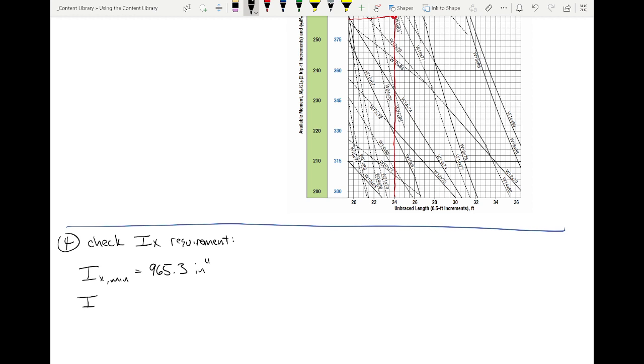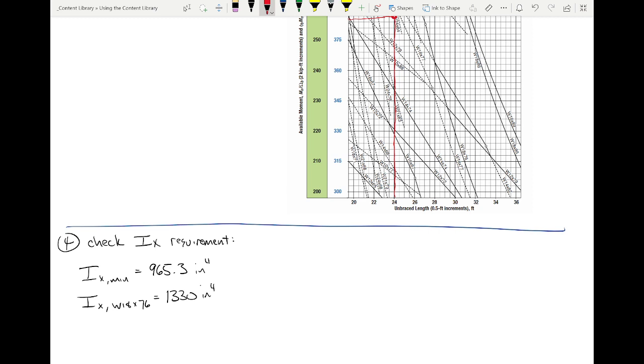So my question is, what is the moment of inertia for a W18/76? What is it? 1330. So 1330, not 130.